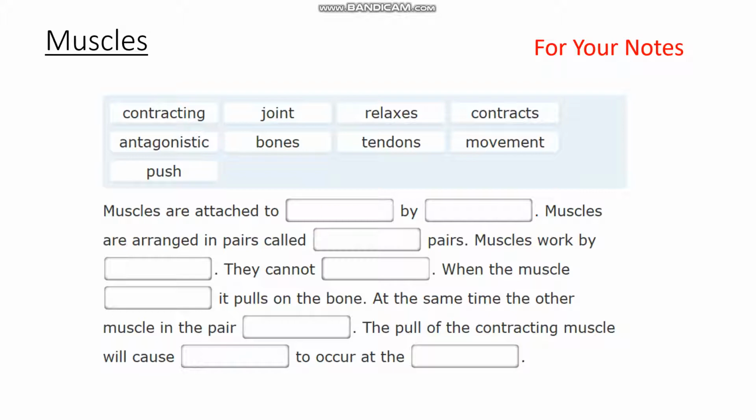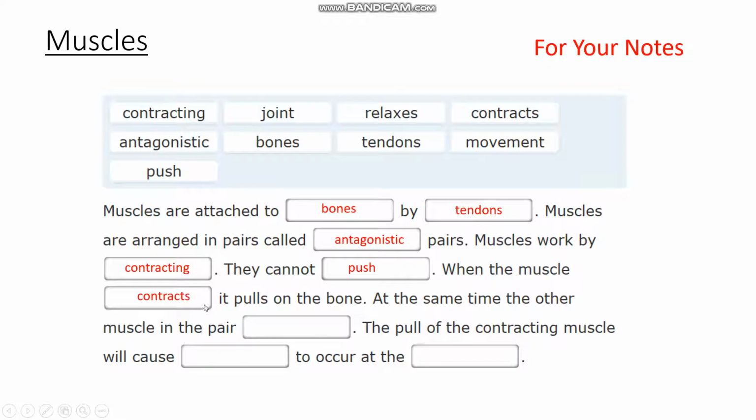Okay, let's go through this together then. Muscles are attached to bones by tendons. Muscles are arranged in pairs called antagonistic pairs. Muscles work by contracting. They cannot push.